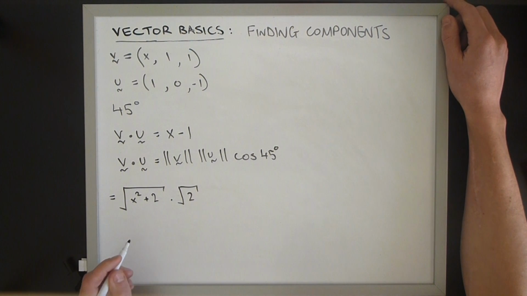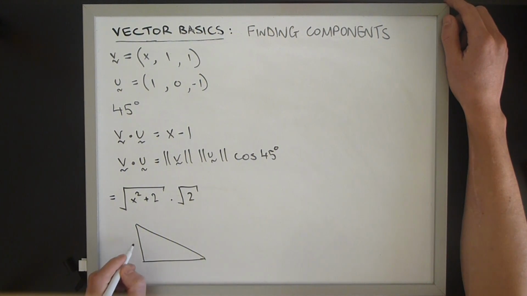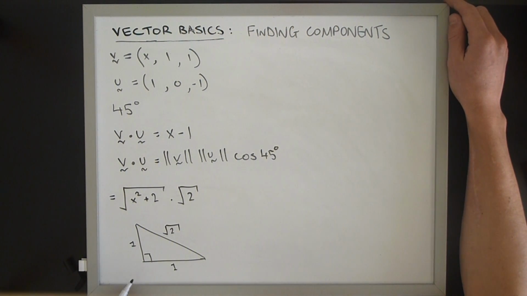And we go back to our special triangle. We have 1, 1, and root 2 being our hypotenuse. So the cosine of 45 degrees is 1 on root 2.